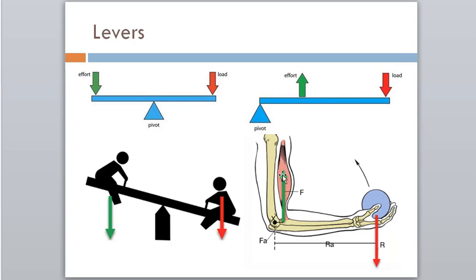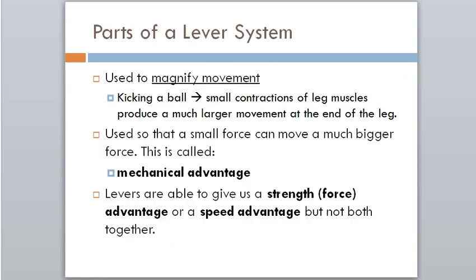The muscle force is actually at a disadvantage. It's closer to the joint, and the load is far away. So this is called a third-class lever, but this slide is just representing the relationship that we know, what teeter-totters and balance levers look like. The same concept is applied to the human body.